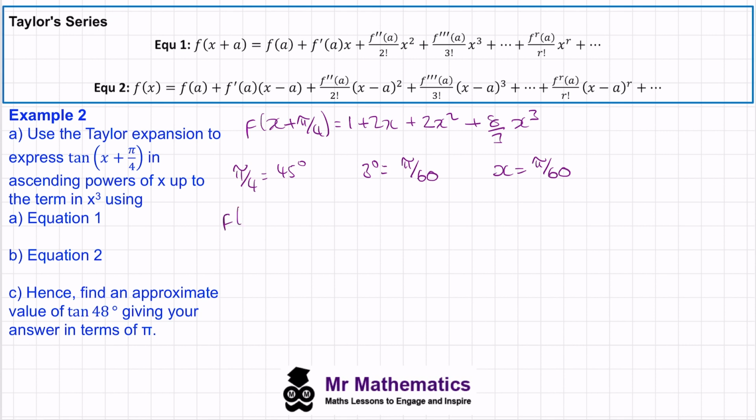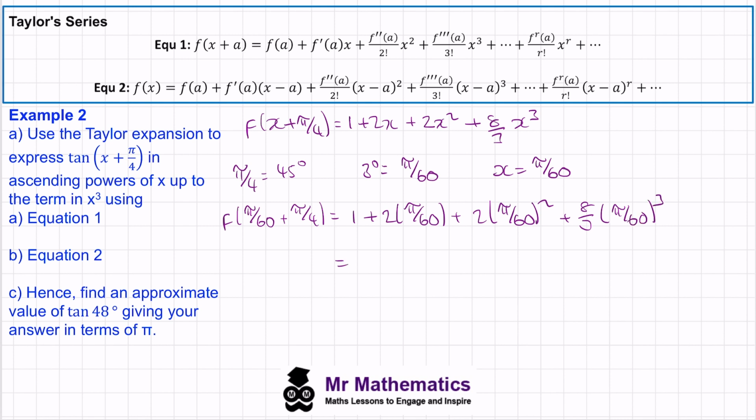So f of pi over 60 plus pi over 4 is equal to 1 plus 2 lots of pi over 60 plus 2 lots of pi over 60 all squared plus 8 over 3 times pi over 60 all cubed. So we get 1 plus pi over 30 plus pi squared over 1800 plus pi cubed over 81,000.